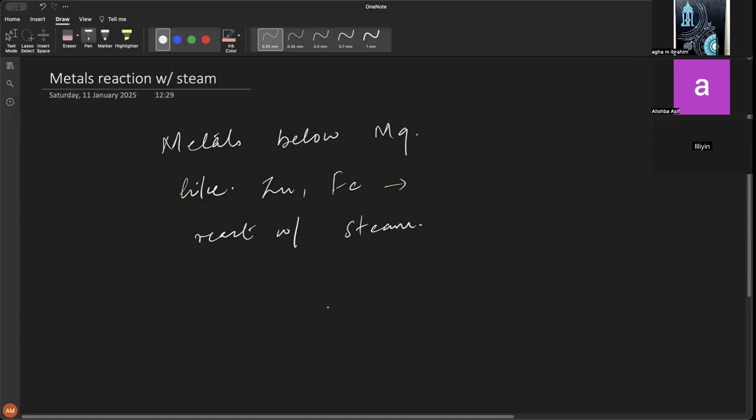They do not react with water, but they react with steam. Water means water at room temperature, right? They do not react with water at room temperature.